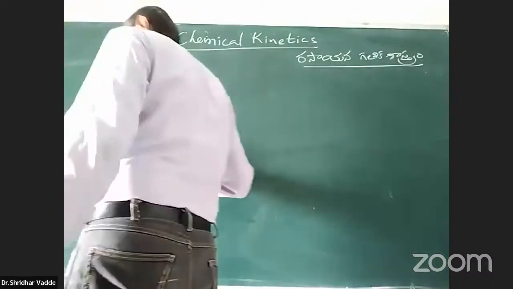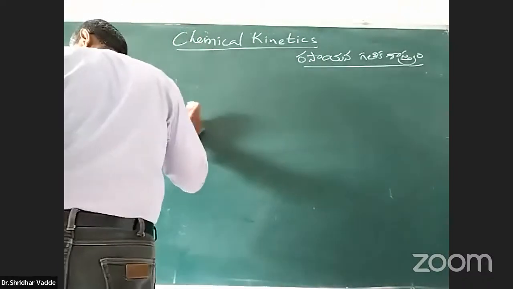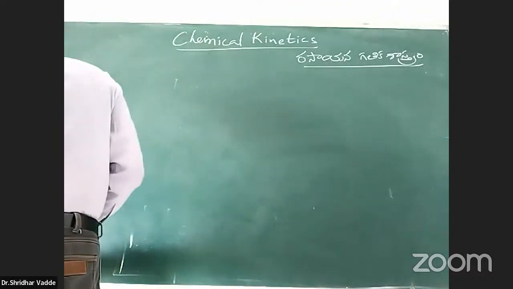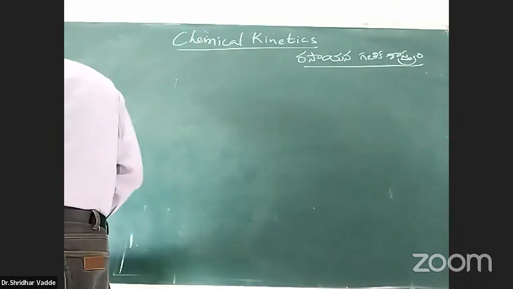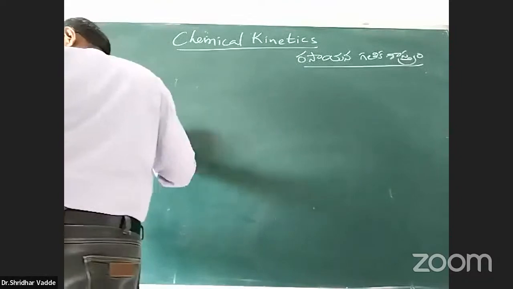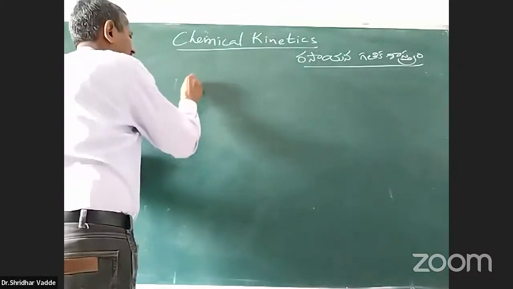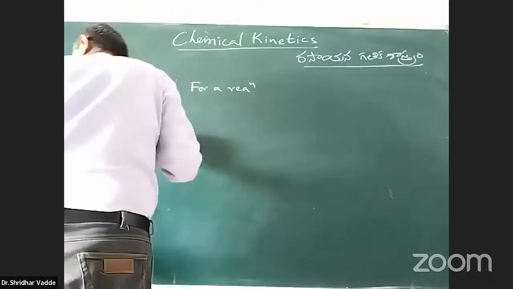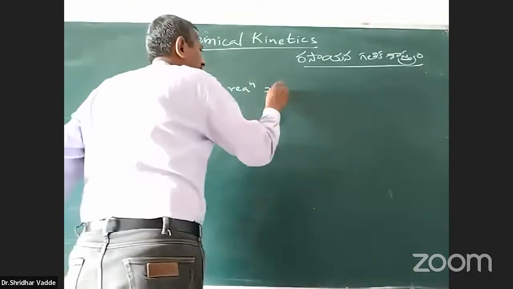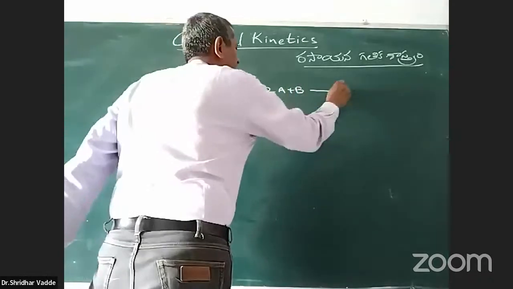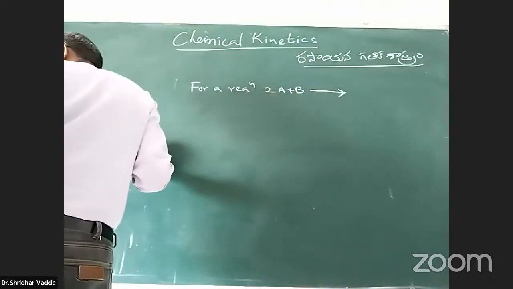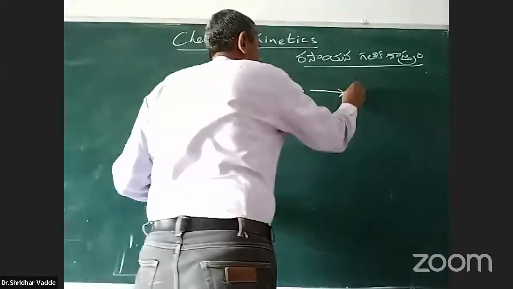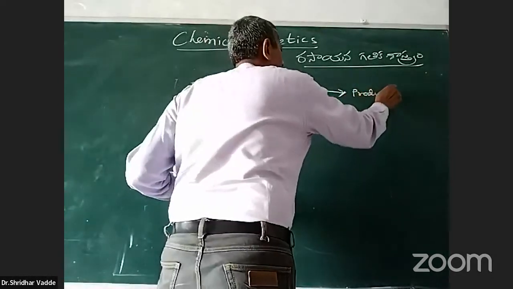For a reaction, 2A plus B gives products.